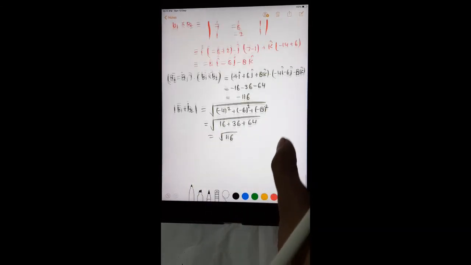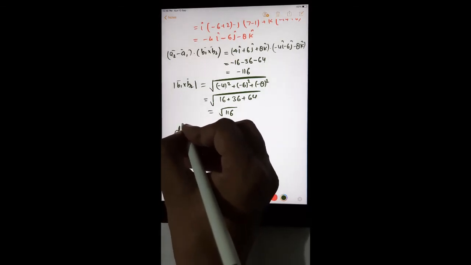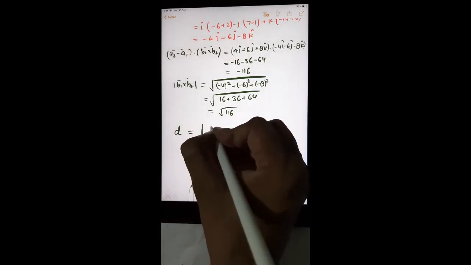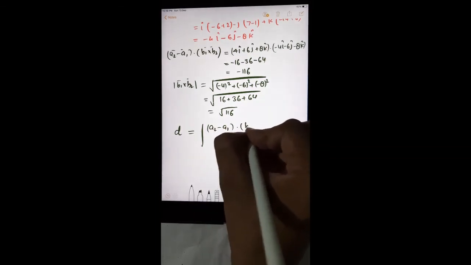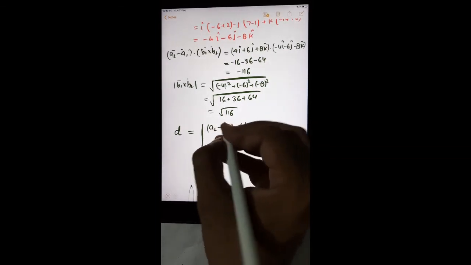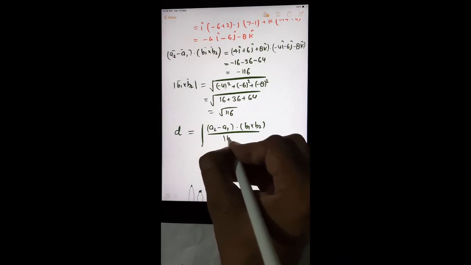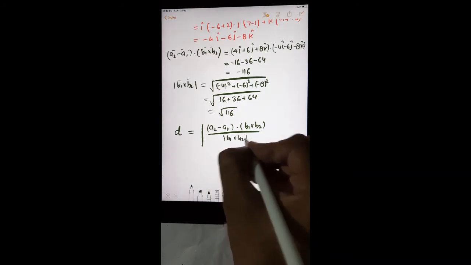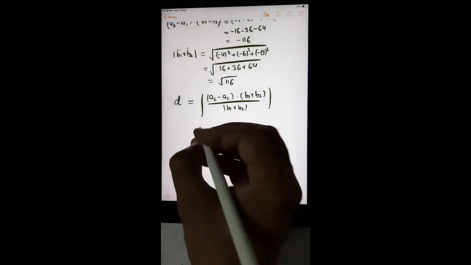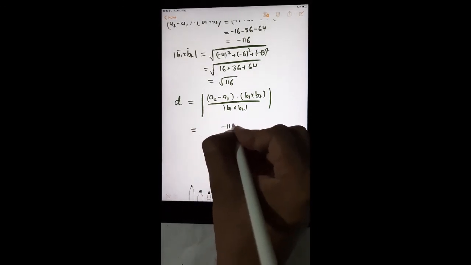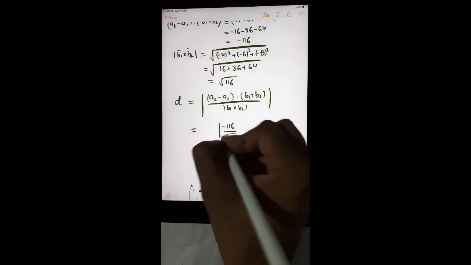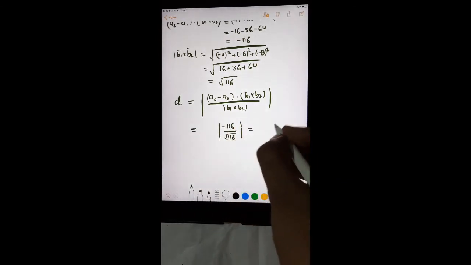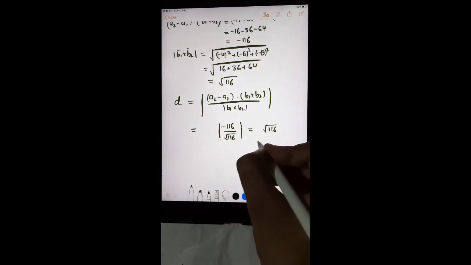So the distance between two lines can be obtained by A2 minus A1 dot B1 cross B2 upon the magnitude of B1 cross B2. Its value is minus 116 upon root 116, so we get root 116.